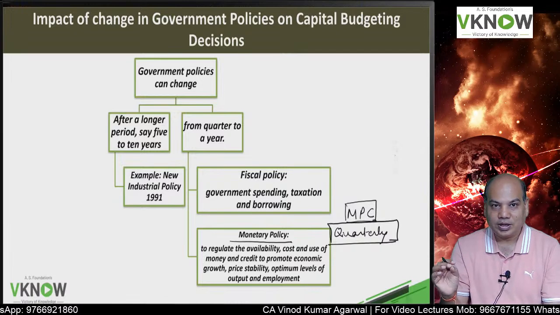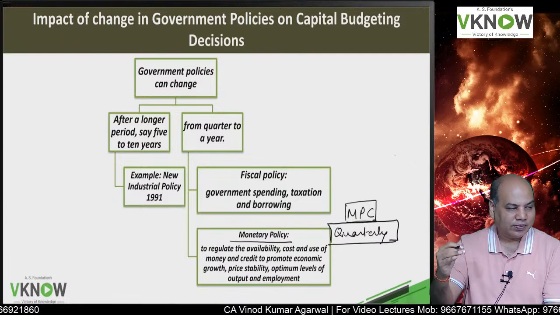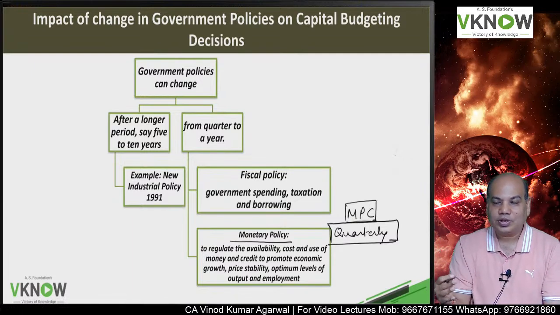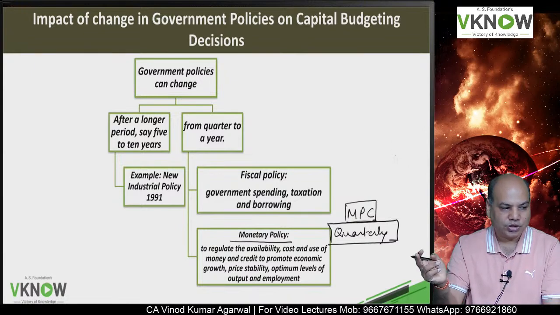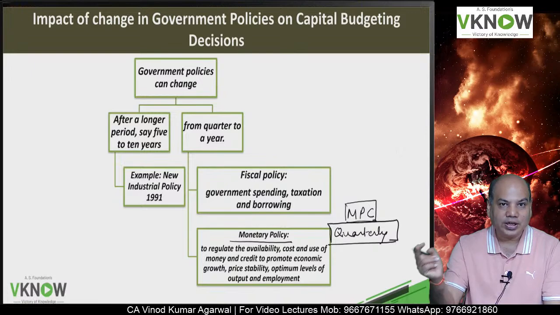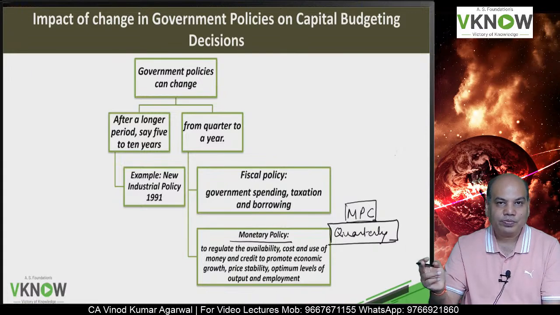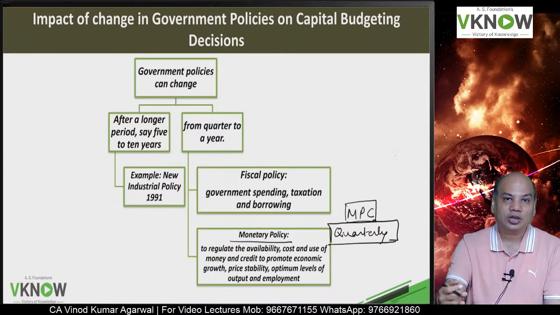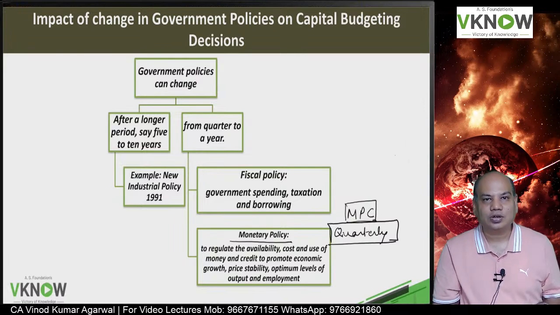For example, they can increase or decrease the repo rate, the rate at which RBI lends to the bankers. They can increase or decrease CRR, cash reserve ratio. They can increase or decrease SLR, statutory liquidity ratio. They can increase or decrease open market operations, OMO, through which they buy or sell government securities.